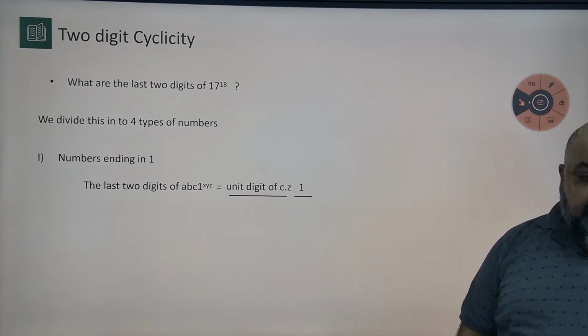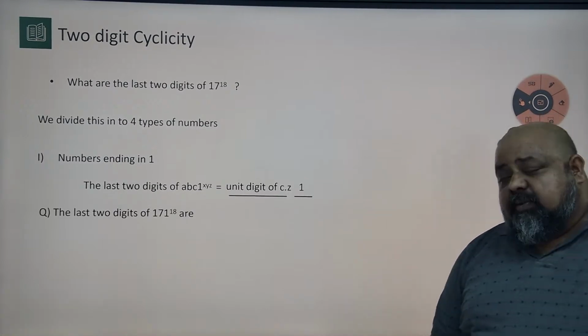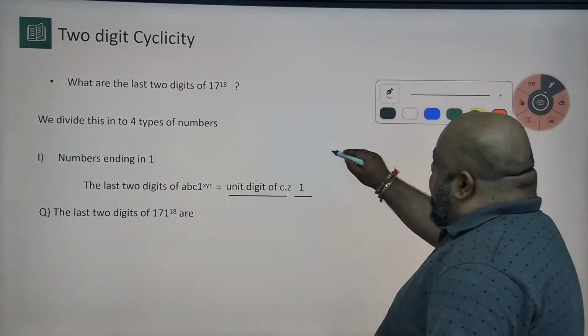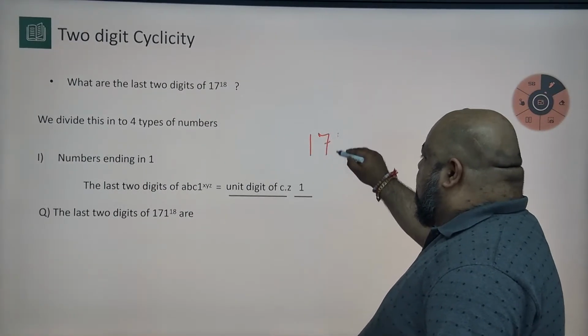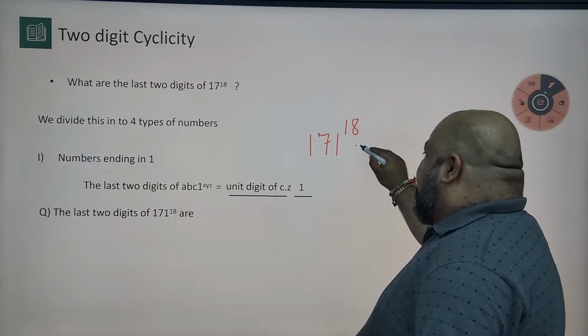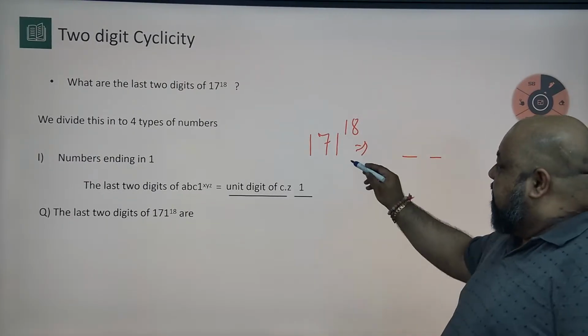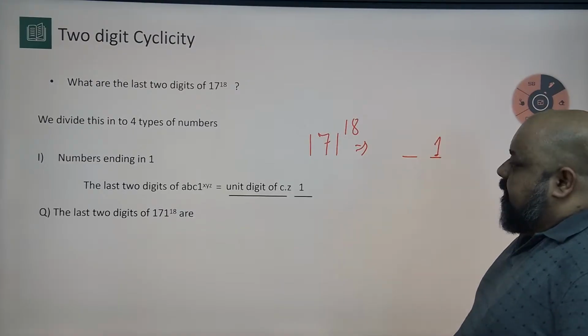Right? I'll write an example which will make it clear. 171 raised to power 18, for example. We have to find the last 2 digits. So the last digit always will be 1 because the number ends in 1.